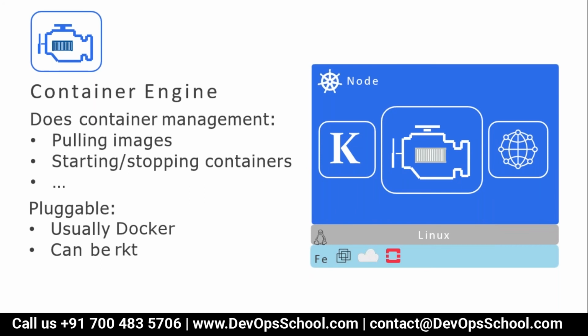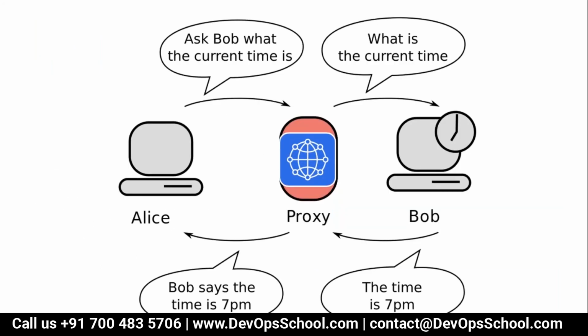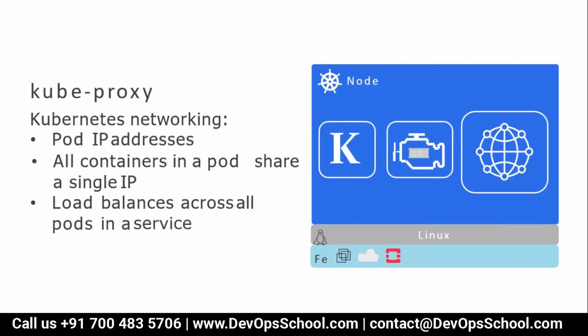Okay, now the third component. Guys, the third component which you can find in each worker node is called Kubernetes Proxy, Kube Proxy. So what is the job of Kube Proxy? Kube Proxy basically helps you to manage your networking.